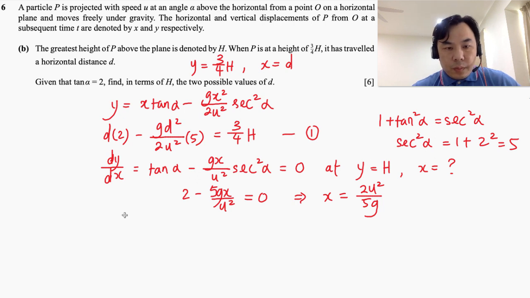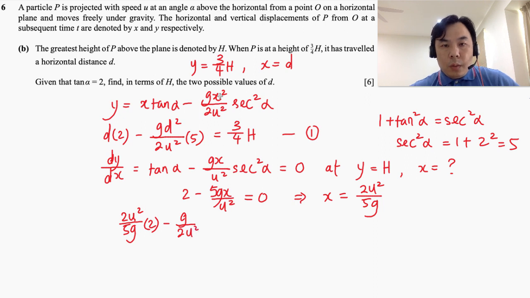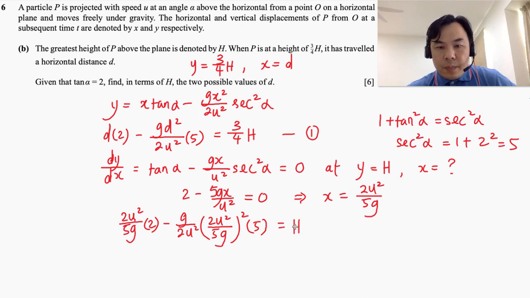We get 2u square over 5g, tangent alpha is 2, and then this whole thing will be g over 2u square, and then we have the x, which is this, squared, and then secant square is 5, and this is where we get the maximum height.